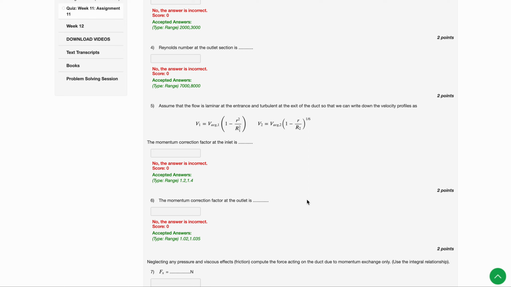So this is the momentum correction factor at the outlet. This is the question number 6.